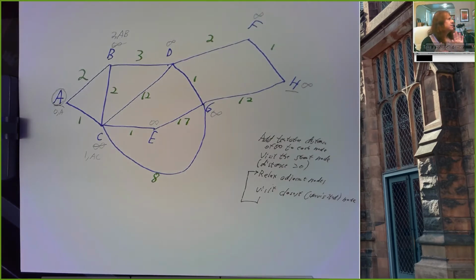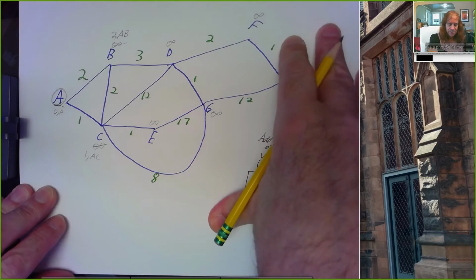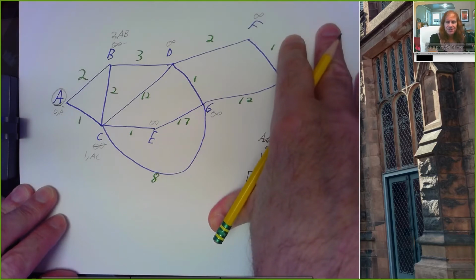Okay, that's it for the first iteration of relaxing nodes. And if you were doing this on a test, this would be a good time to make a copy of this and start writing a new version of this.